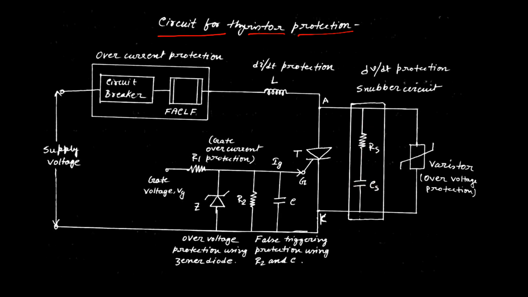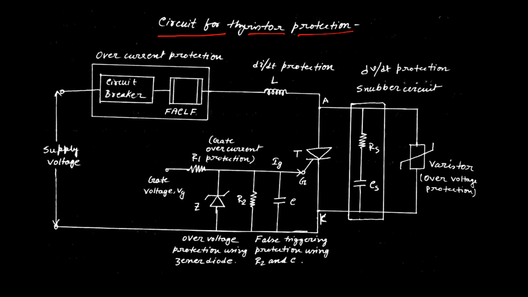To protect against overvoltage, normally the varistor is used. The normal working of the varistor is just like a non-linear resistance, meaning it decreases its resistance with an increase of the current. Okay, so overvoltage protection, dv/dt protection, di/dt protection and overcurrent protection are all done.